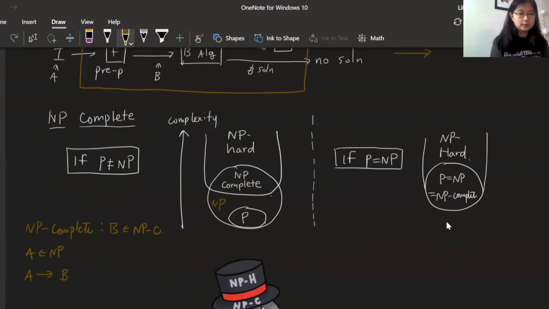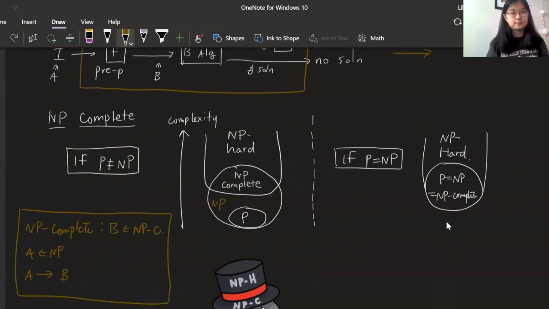So consider what this means for our problem B. If B is an NP complete problem, then for every single A in the NP class, I can reduce A to B, which means that B is at least as difficult as every single NP problem. So B must be among the most difficult problems in NP.